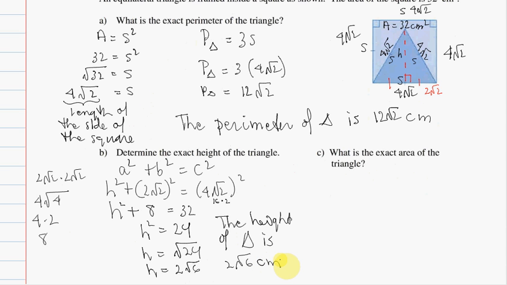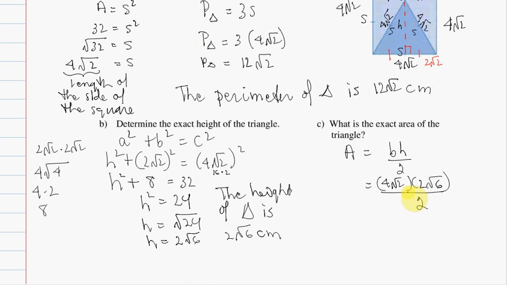Okay, and the exact area for our triangle is base times height over 2. So our base is 4 root 2 times our height, which we just worked out to 2 root 6, divided by 2. And we can do some simplifying here because we can divide 2 into 2 once and 2 into 2 once.